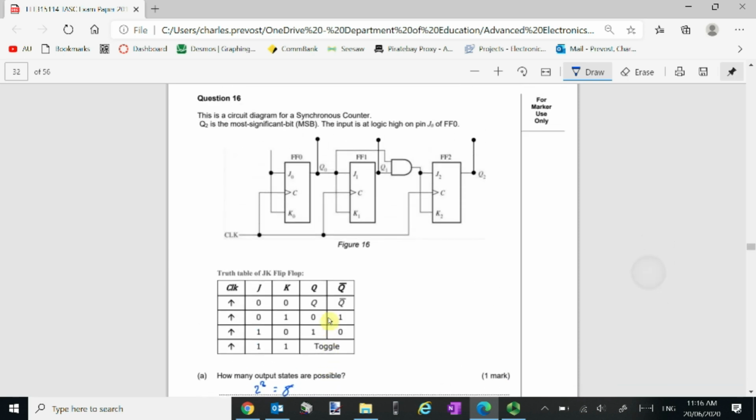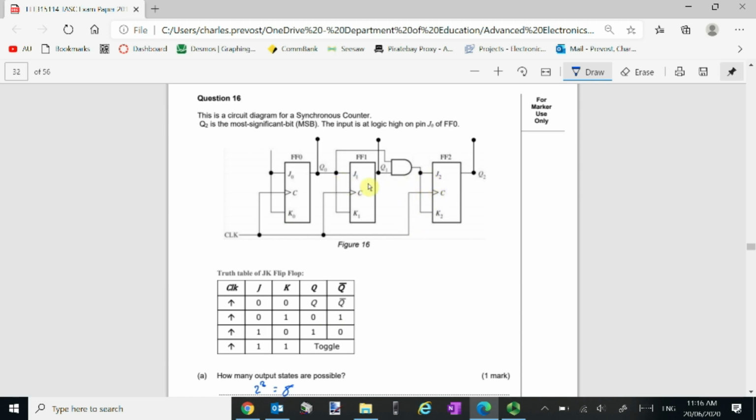Without going through all of the logic analysis, in order for the synchronous counter to actually count properly, what we need to do is be able to control whether it toggles or not.